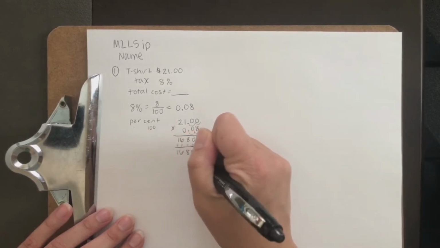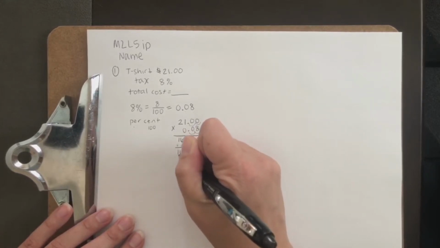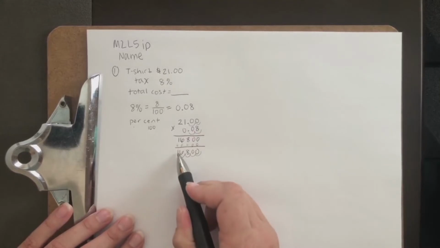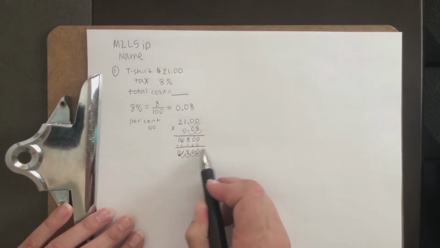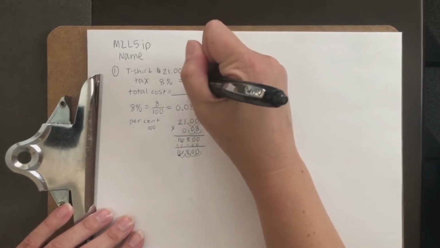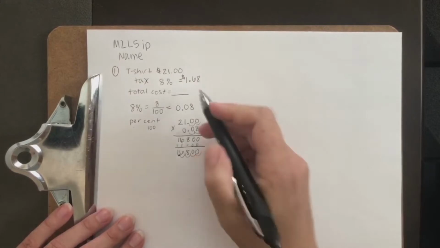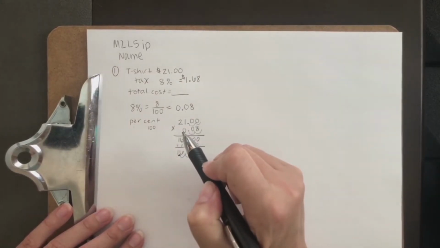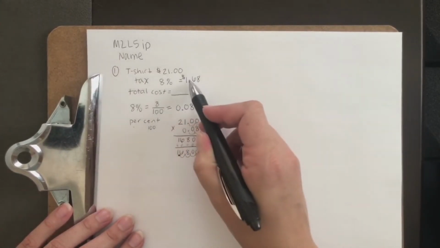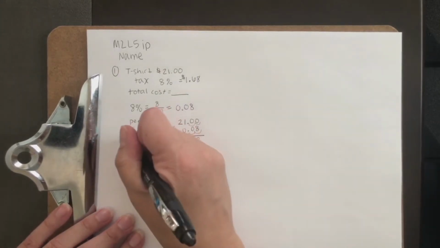So this is 1.68. We can leave off those other zeros. So the tax is going to be $1.68. So now we'll add 21 plus 1.68 to get our total cost.